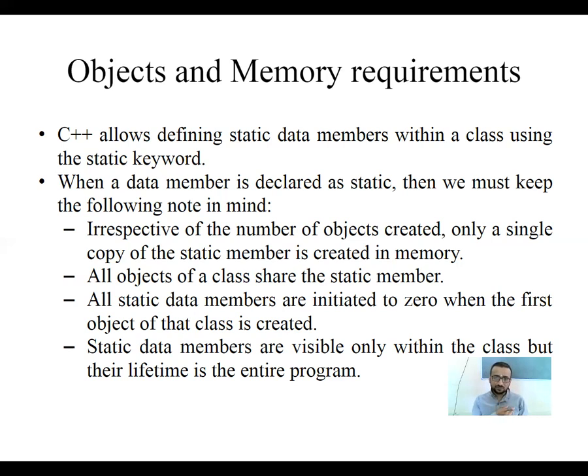The second thing is that all the objects of a class share the same static member. The third thing is that the value of the static data member is initialized to 0 whenever we create the first object for that particular class.